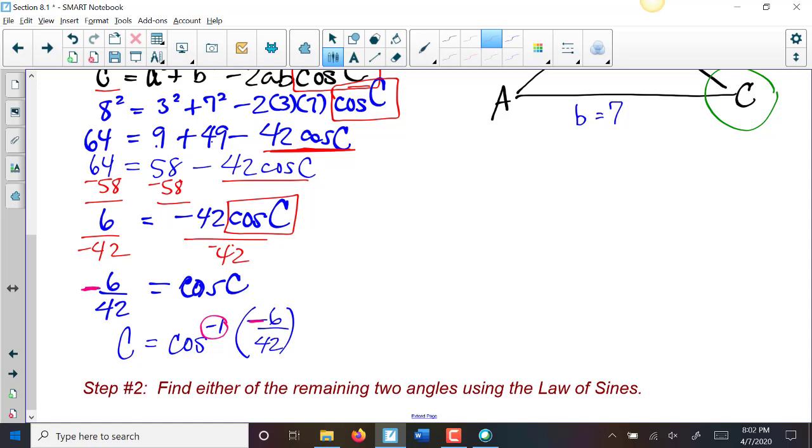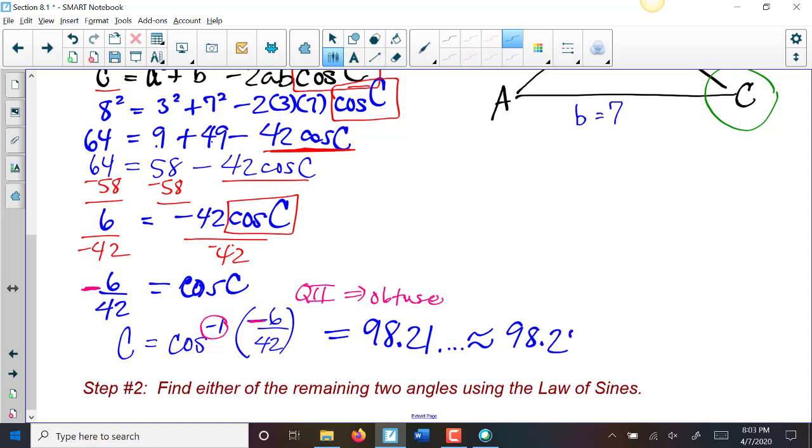Cosine is negative in quadrant 2, so that means it has to be an obtuse angle, between 90 and 180. Use your calculator for that, and you would come up with 98.21, whatever that is, which rounds to about 98.2 degrees.